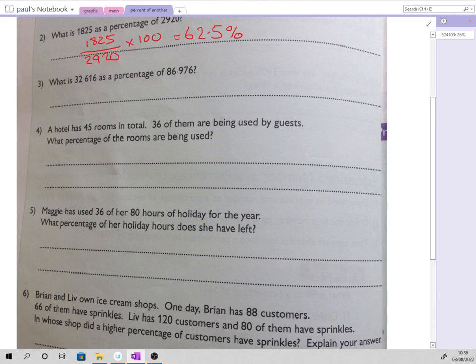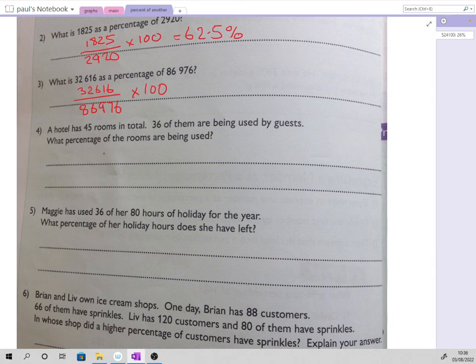32616 as a percentage of this number. Okay, 32616 divided by 86976. Times it by 100. That looks as though it could be a 30 odd percent or something. 32616 divided by 86976 times 100.